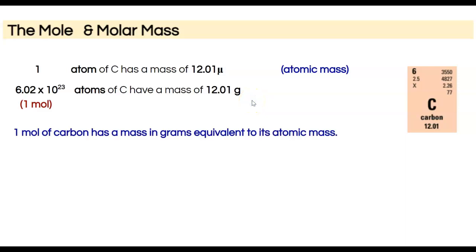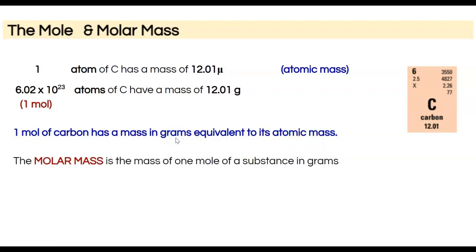So essentially, 1 mole of carbon has a mass in grams that's equivalent to its atomic mass. Now, that is a super useful relationship for us to know because we can extend that to other elements of the periodic table, and that will allow us to interrelate moles to grams.